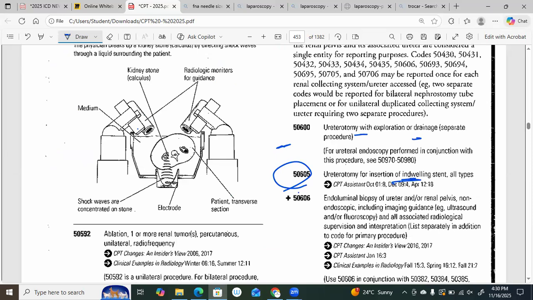50606 is an add-on code for endoluminal biopsy of ureter or renal pelvis, non-endoscopic, including imaging guidance. So whenever the doctor is doing any endoluminal biopsy of the ureter or the renal pelvis without an endoscopic approach, then we are going to use 50606 in conjunction with the other main procedure.